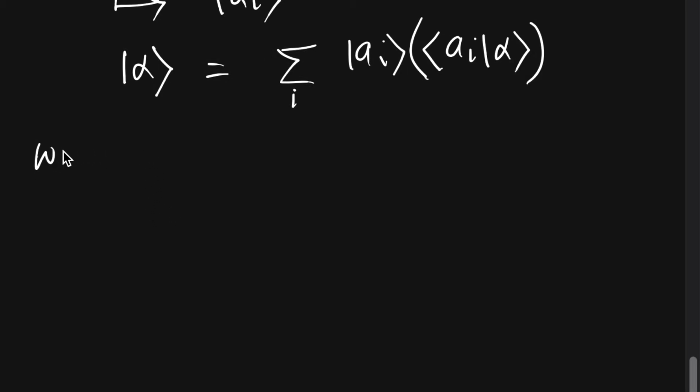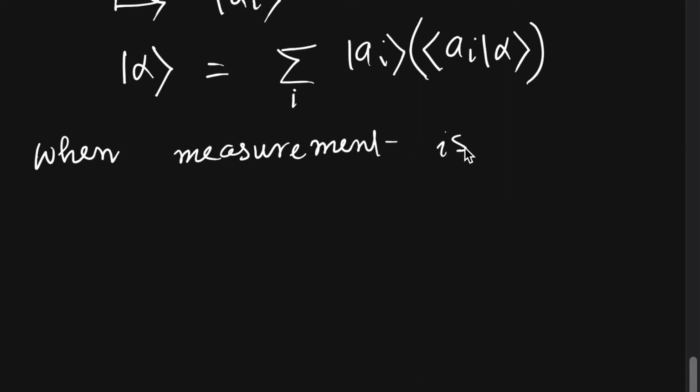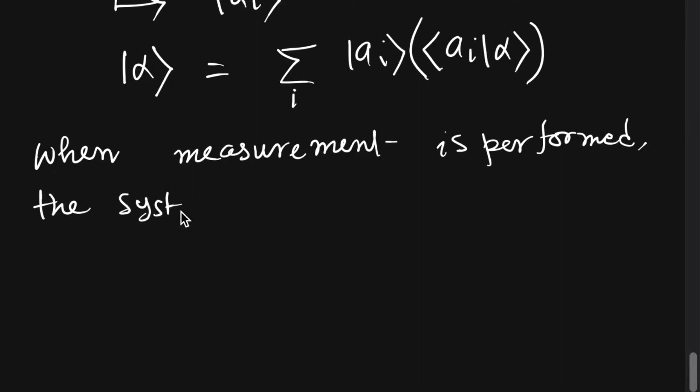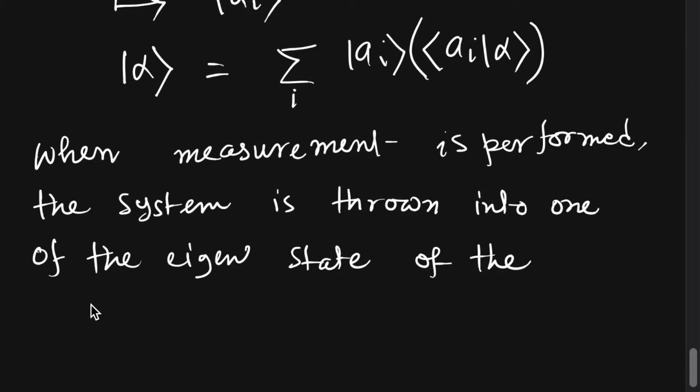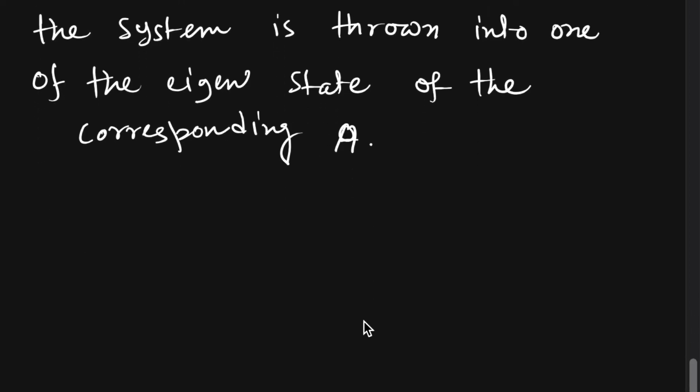Now when measurement is performed, the system is thrown into one of the eigenstates of the corresponding observable A. What does it mean?